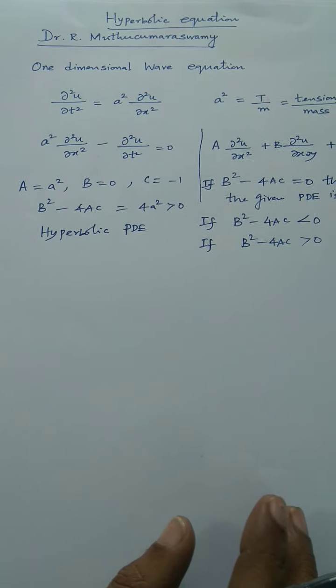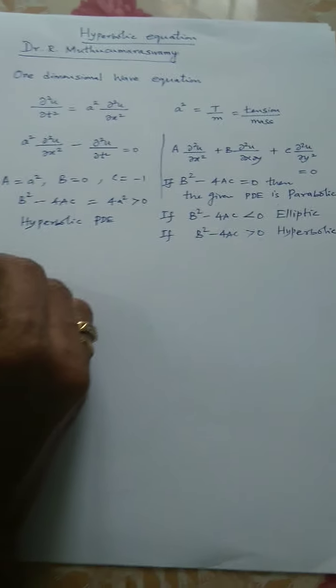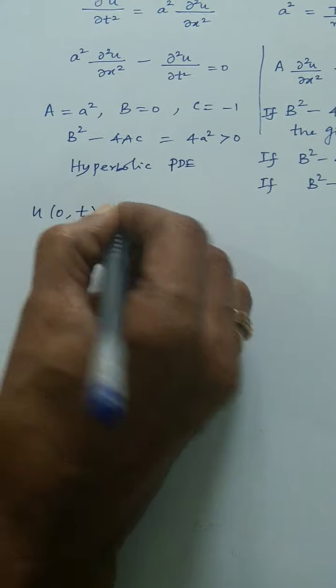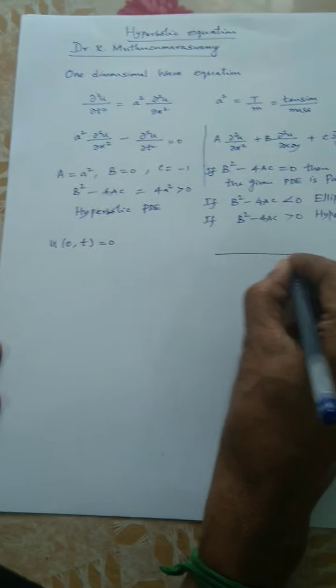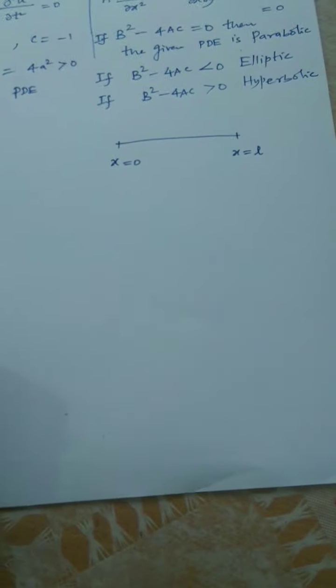You know the boundary conditions for any wave equation model: u(0,t) = 0. Suppose the string is initially at rest. Let us take a string of length L, fixed at both ends.